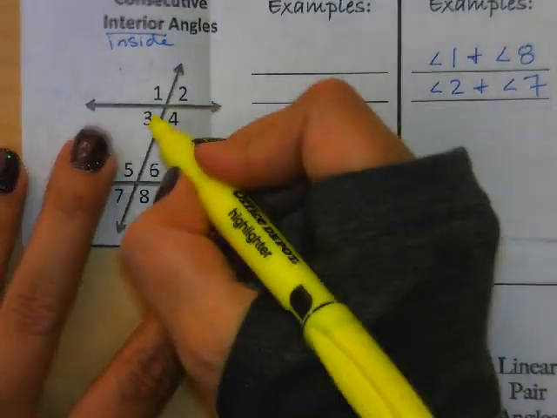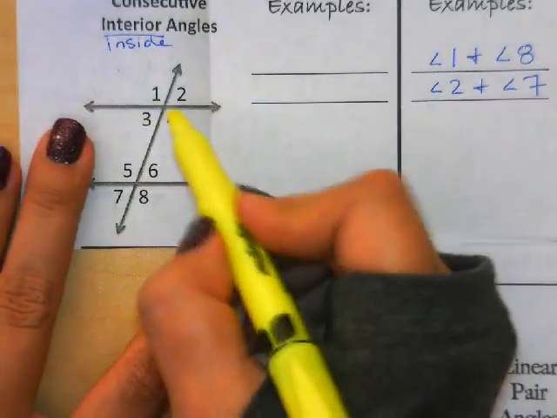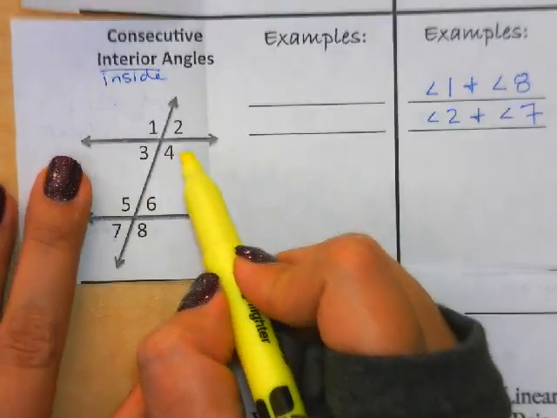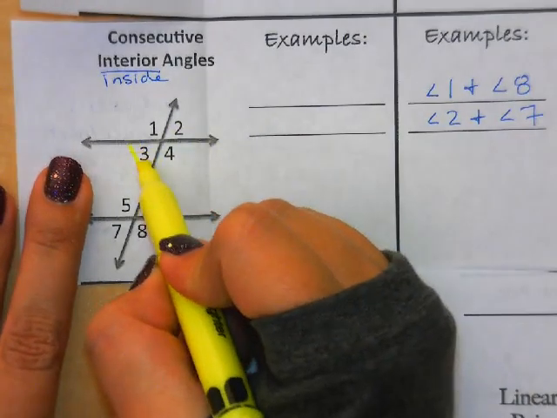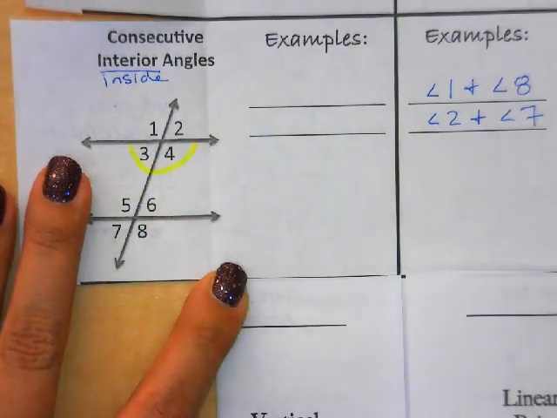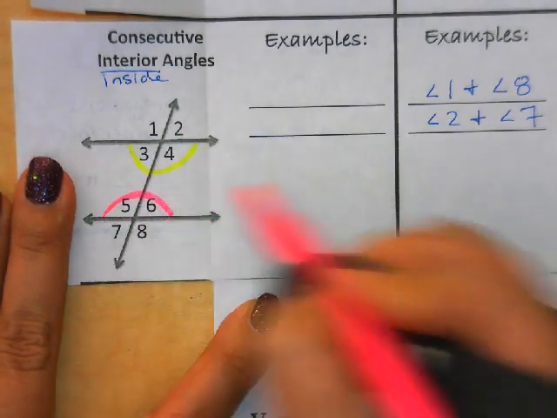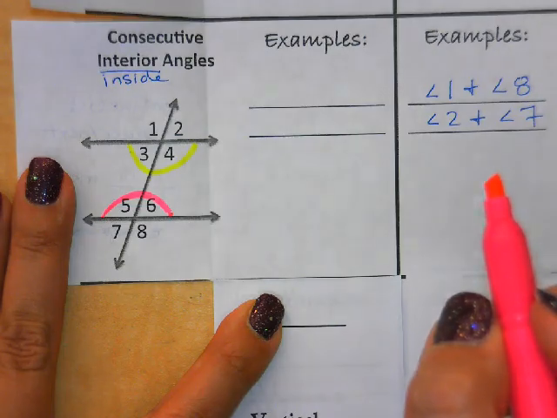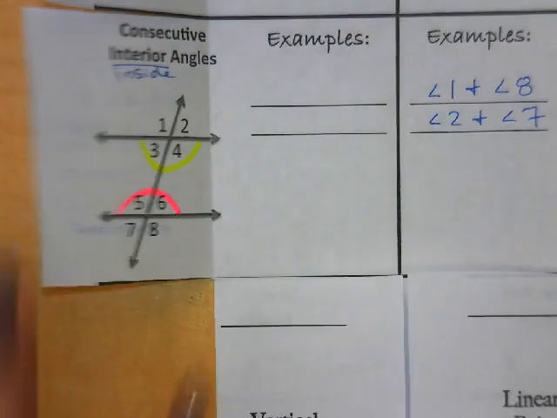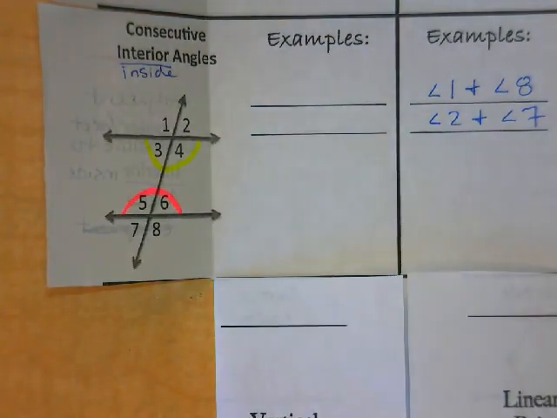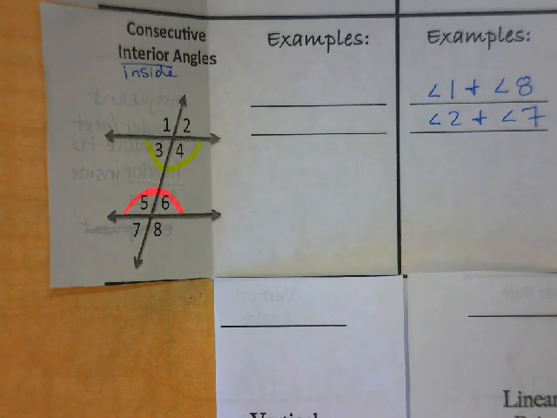So I'm looking here. Consecutive means next to or adjacent. So 3 and 4 are going to be consecutive interior. And 5. Oh, I apologize. I got those backwards. Go back. Erase. Use your whiteout.